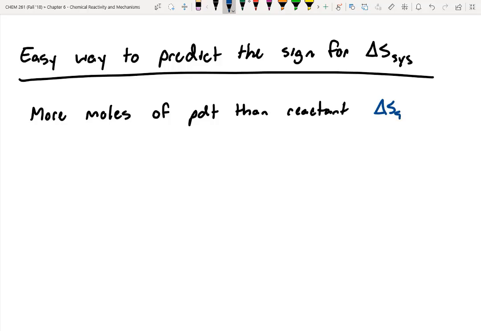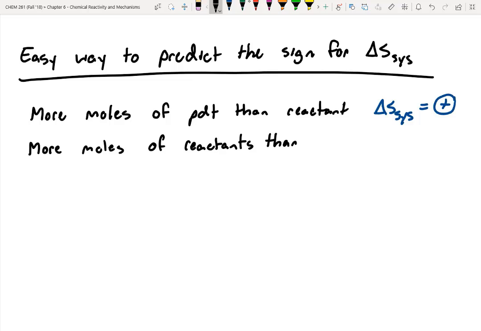Is delta S of the system going to be positive or negative? I'd say it's more disordered, right? We're making more moles of product, so it should be positive. So delta S of your system will be positive. Conversely, if you have more moles of reactants than product, your sign must be flipped, and delta S of your system would have to be negative, right? So this one is pretty easy to do.